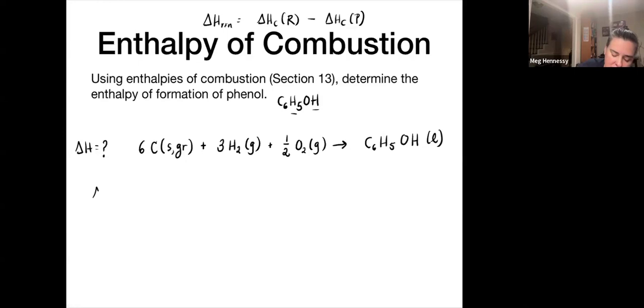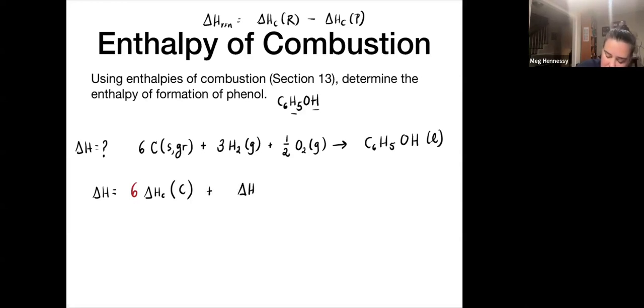And this delta H must be equal to the sum of the delta H's of combustion of my reactants. So my first reactant is carbon, and I have 6 of them. So I'm going to put that coefficient here. And my second reactant is hydrogen.